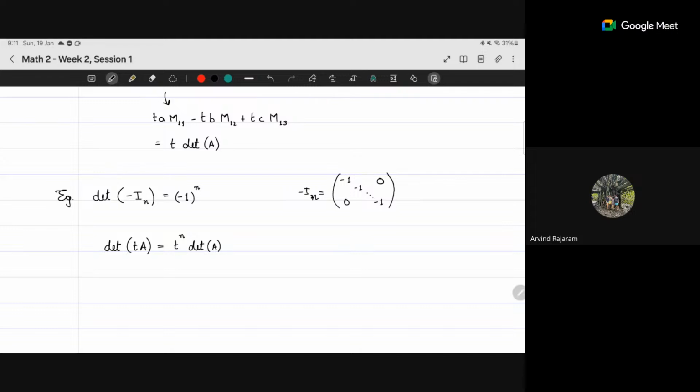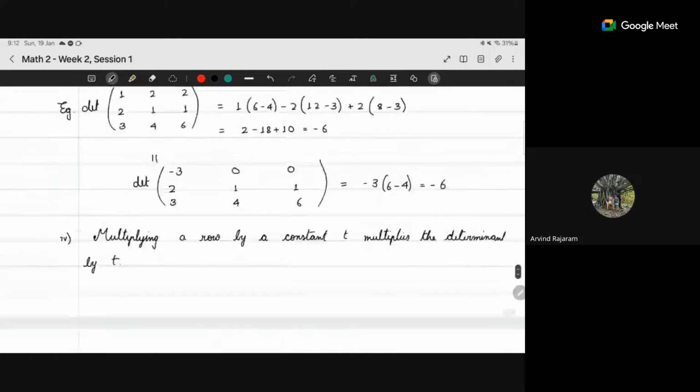Now, why is this t to the power n times the determinant of A? If I have some a11, a1n, I'm not going to write everything, up to ann, this is your typical n cross n matrix. Now, if I multiply every element by a factor of t, it is the same as multiplying the first row by t, the second row by t.